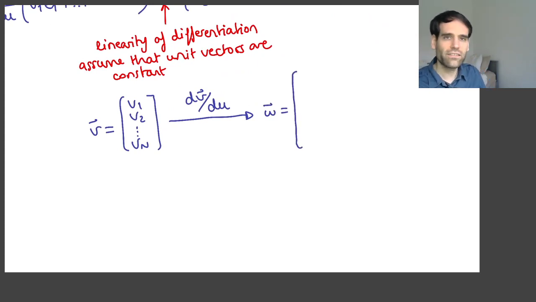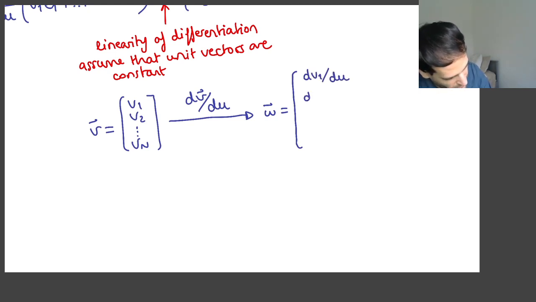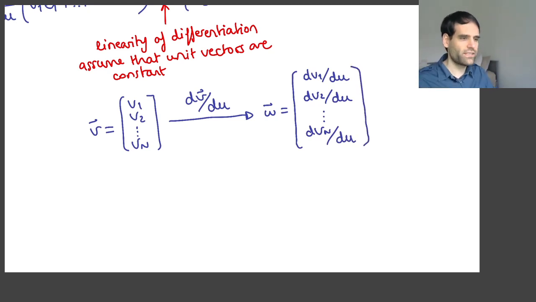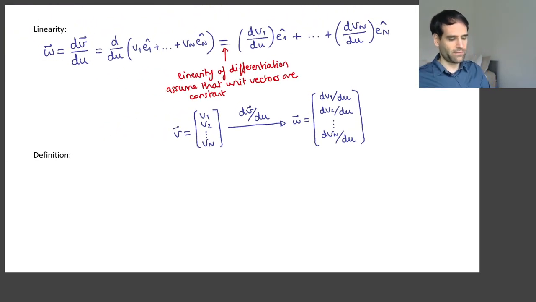Remember, the derivative of a vector is also a vector, and the components of this vector are simply the derivatives of each of the components of the original vector. So this is very easy to understand.